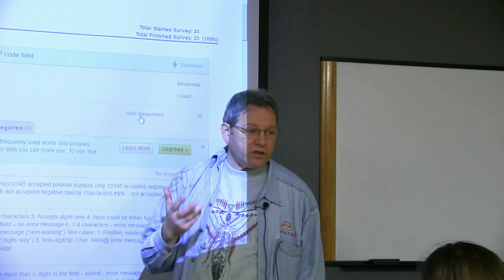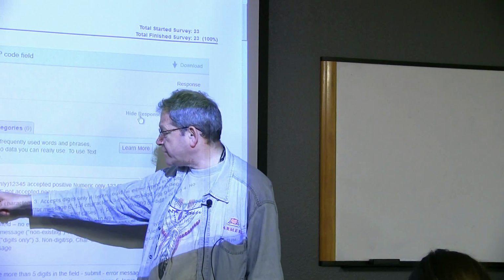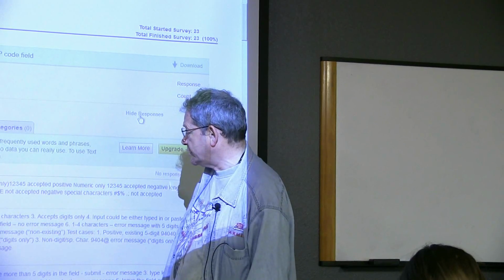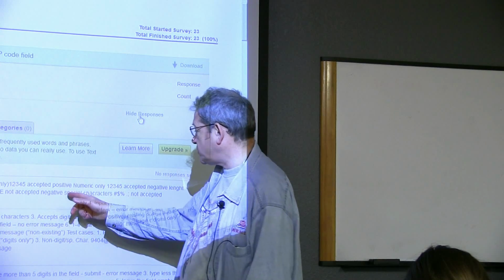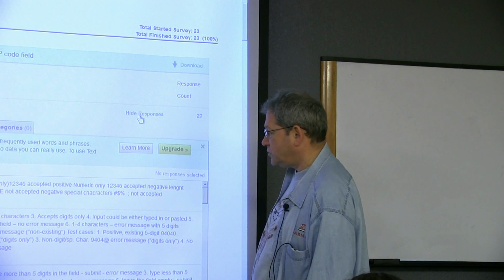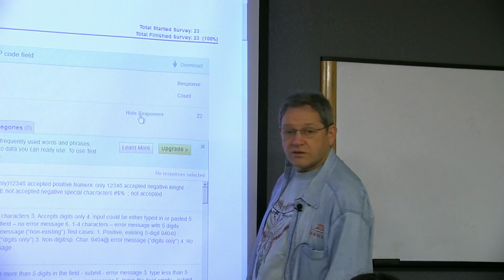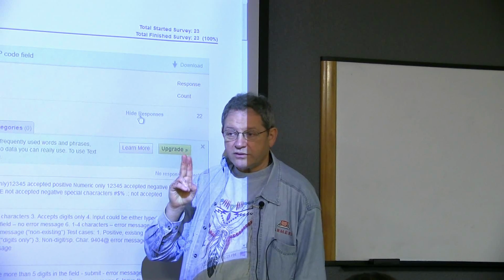What's positive with no requirements? Positive, length, 5 digits only. 1, 2, 3, 4, 5, accepted. Positive, numeric only. 1, 2, 3, 4, 5, accepted. Two times, same thing. That test case already covered both.